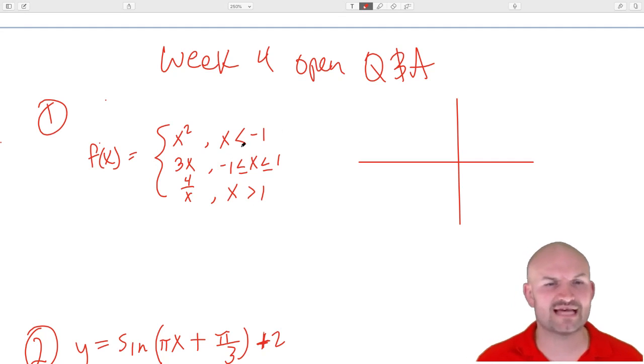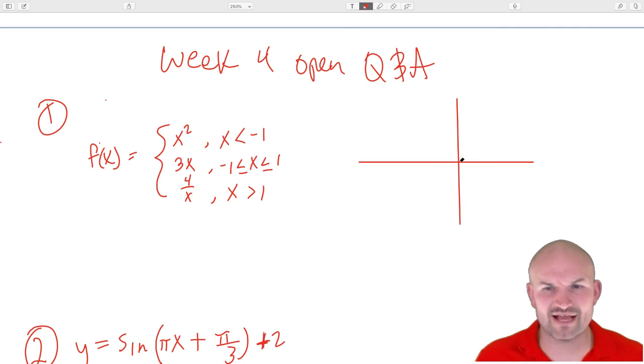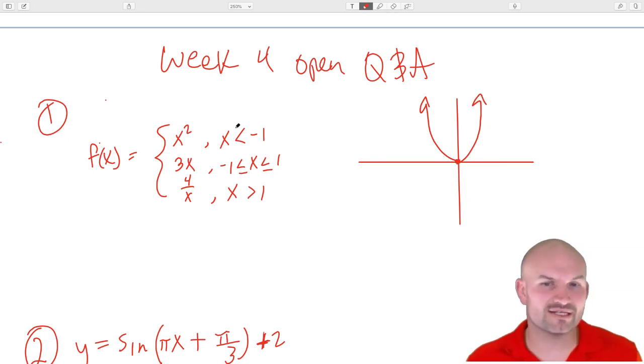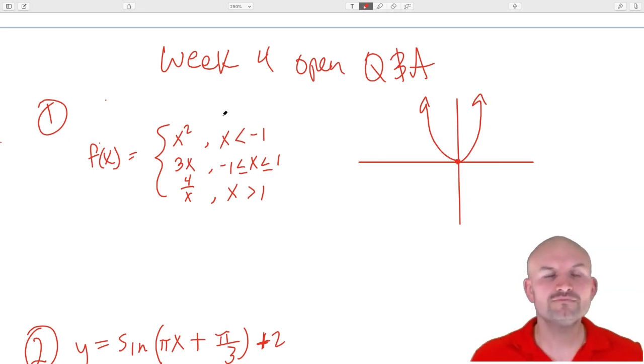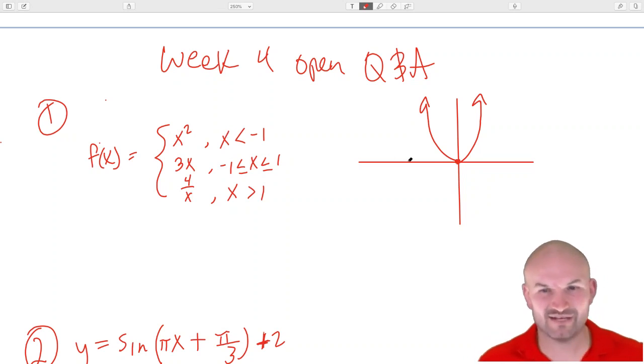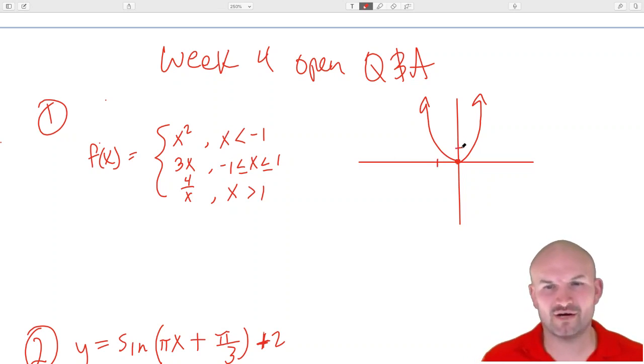What these represent is how the graph is going to be restricted. So for instance, the graph x squared roughly looks like this, right? Now we're going to restrict this graph to only x less than -1. So let's say -1 is right here, positive 1 is here.